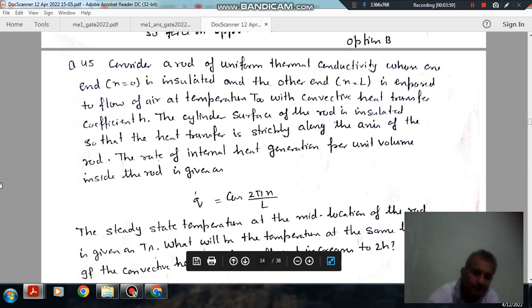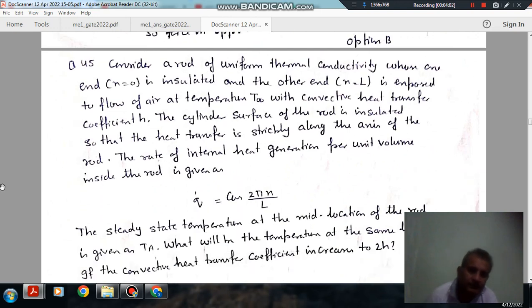Okay, next. Consider a rod of uniform thermal conductivity whose one end x equal to 0 is insulated and the other end x equal to L is exposed to a flow of air at temperature T infinity with convective heat transfer coefficient H. The surface of the rod is insulated so that the heat transfer is strictly along the axis of the rod.